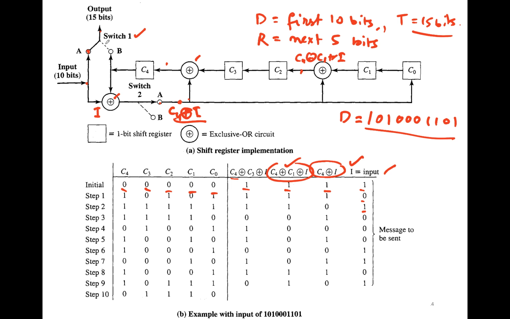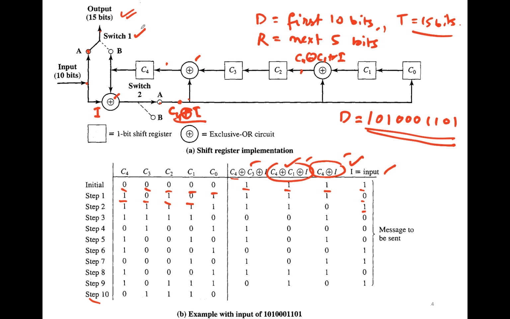Now after the 10th step, so these are the steps, because of this shift the contents of the shift registers are changing, and you are getting the output according to this exclusive OR. So in the first 10 steps, you will get as the output here all the first 10 bits of the message.